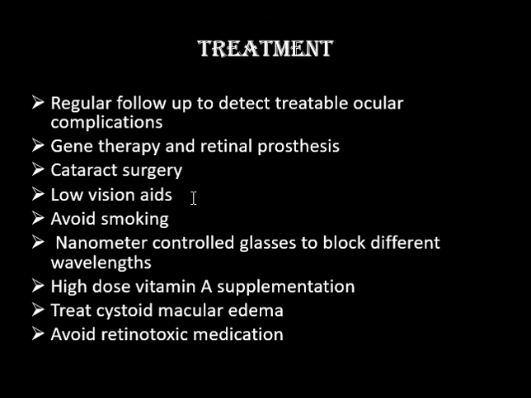We can prescribe the patient low vision aids, and we have to ask the patient to stop smoking, because this is, I think, associated with worsening of the disease. Another option is to prescribe nanometer controlled glasses to block different wavelengths.